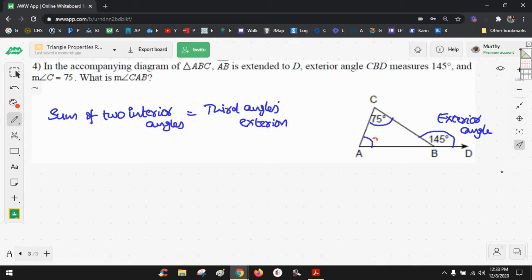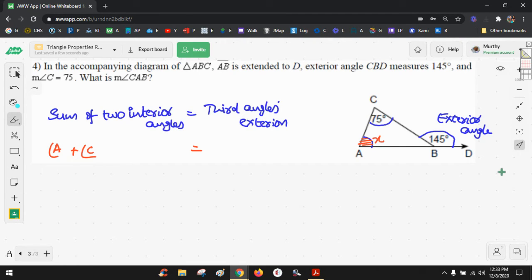So let me take this one as a variable, x, right? And according to the condition, please remember the sum of two interior angles. Therefore, angle A plus angle C equals the third angle, which is angle B's exterior. Exterior means outside.